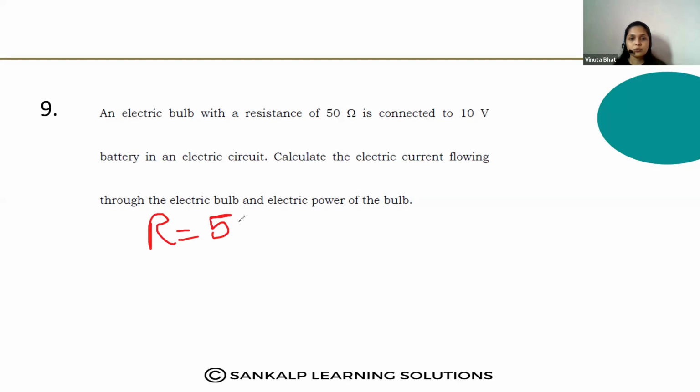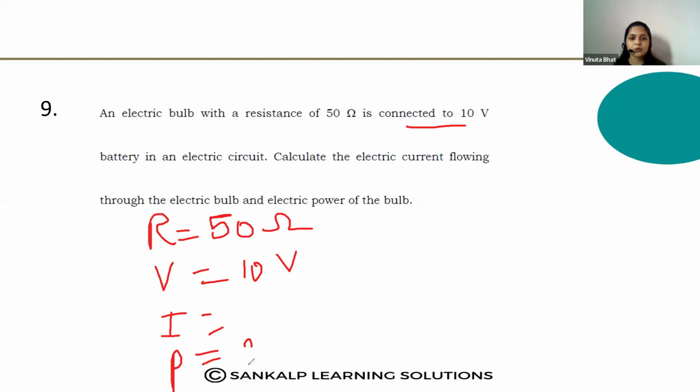R is equal to 50 ohm, and it is connected to the battery having a potential difference of 10 volt. You have to find out the current flowing through the bulb, and the electric power also.